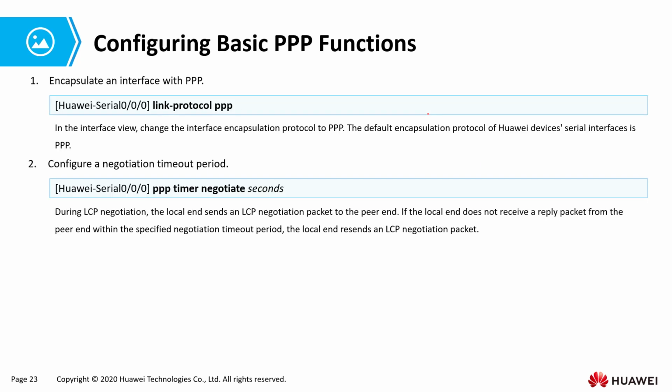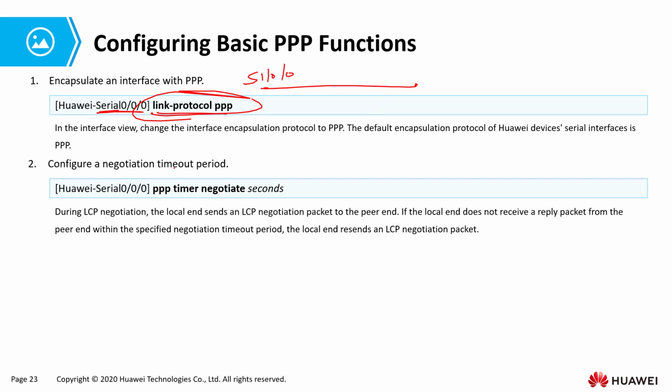First of all is setting the link protocol to PPP. Just get into the interface view and use the command link protocol PPP. Now remember, if you're connected using serial interface, the default is going to be PPP, so you wouldn't need that command.